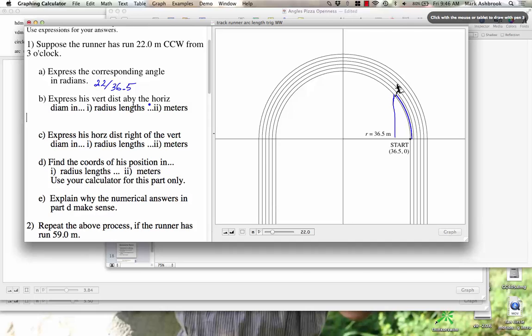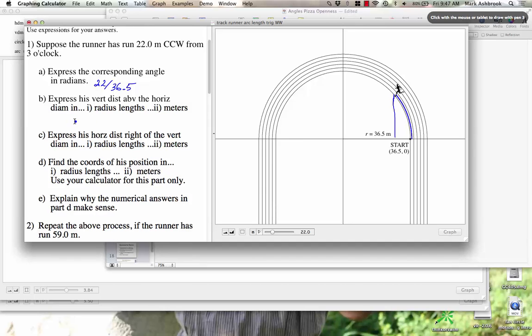So we want vertical distance above the horizontal diameter. How can we get that? How can we express that exactly? What is that? Oh, it's the measure of the arc length traveled in radius lengths in relation to the vertical distance above the horizontal axis. Okay, but we need a way to represent this value of a vertical distance. Eric?